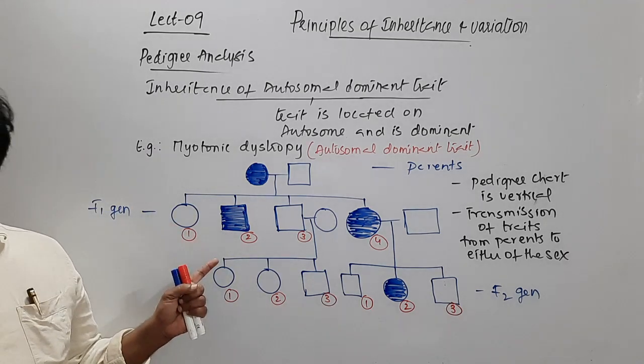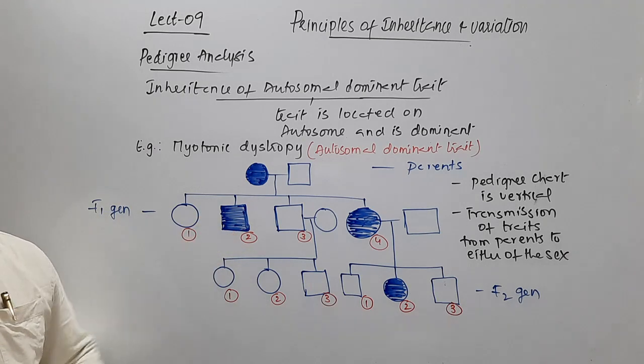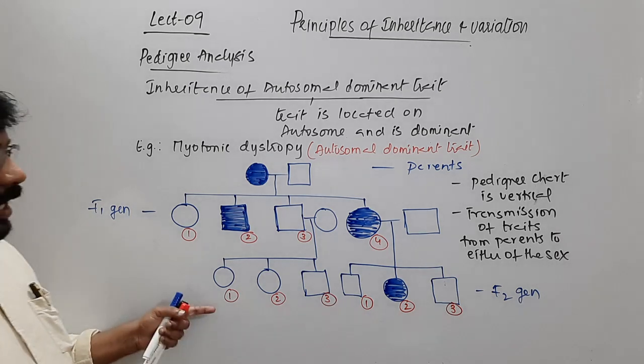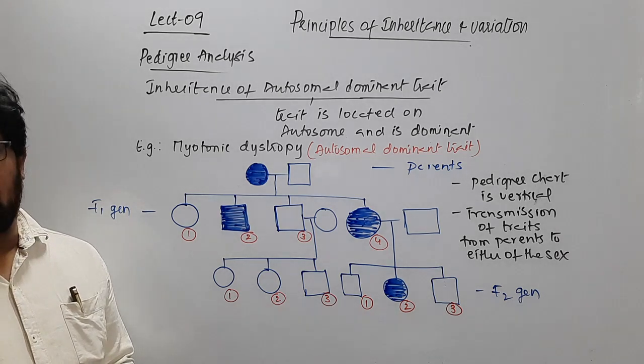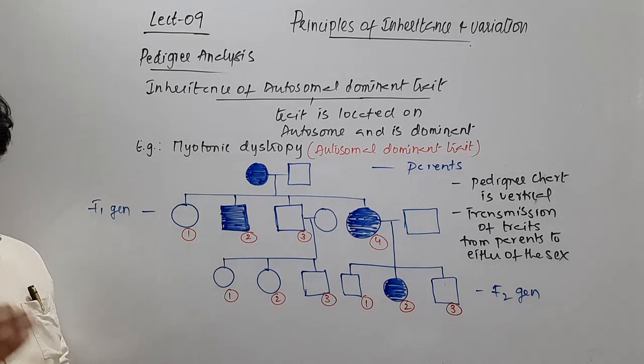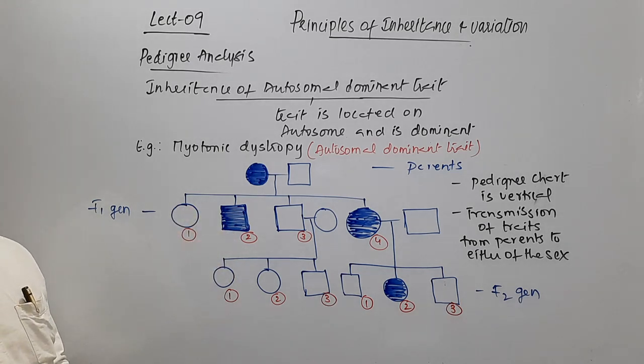In case of autosomal dominant, the trait from the parents will be transmitted to either of the sexes, the pedigree chart will be seen as vertical, and males and females are equally affected. If we see such conditions, we can conclude that the trait is autosomal dominant.